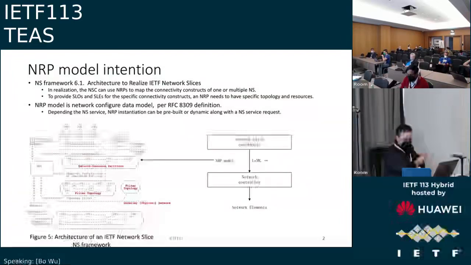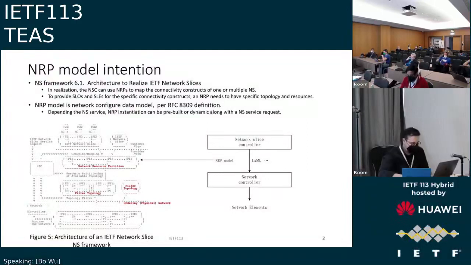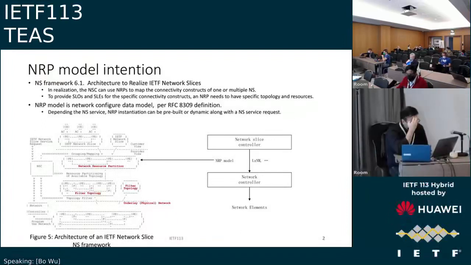This is a network configuration model, and it is assumed to be used together with, for example, a layer 3 VPN network model or layer 2 VPN model to realize the network slice services. So in this way, different connectivity constructs of one or more network slice services can be mapped to NLP resources. So next, please.